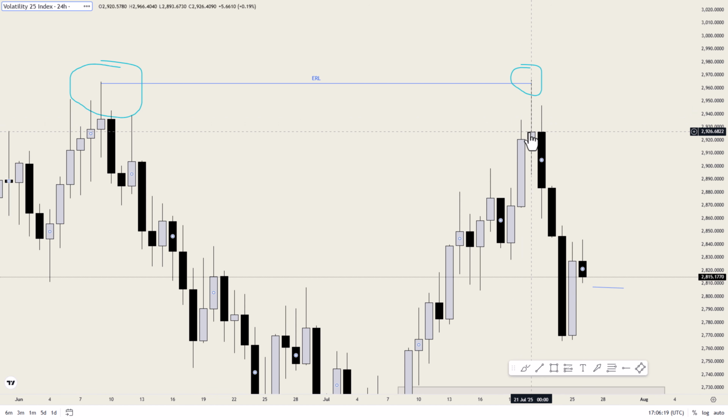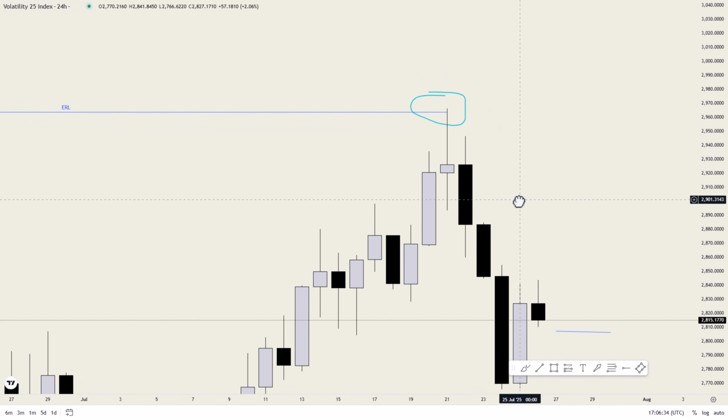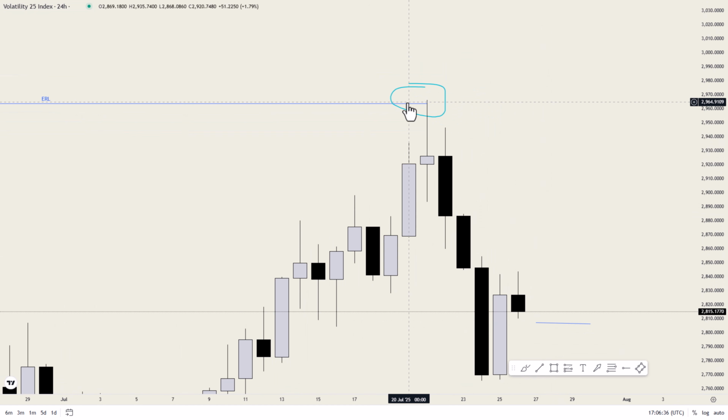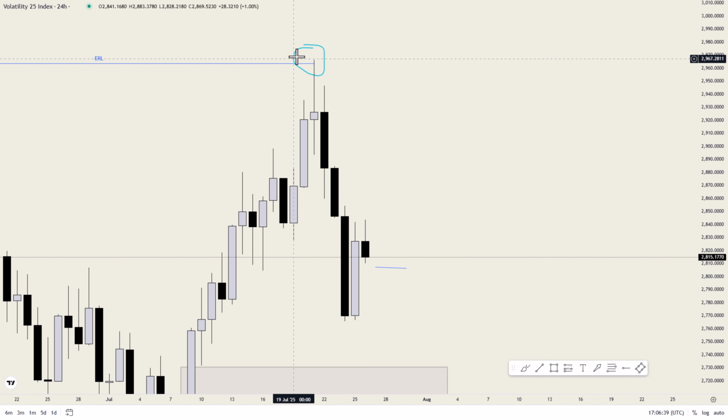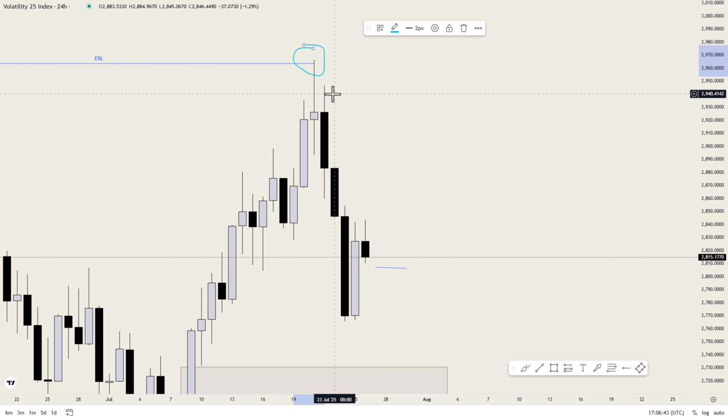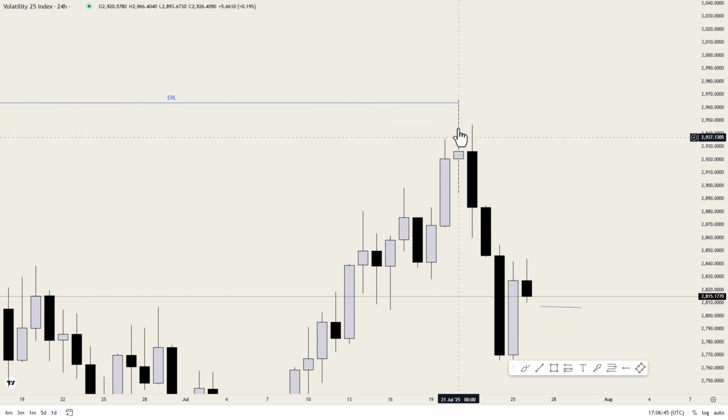Now this tells us that something is about to happen. I have a video on my channel that explains how to use swing points to know if price is going to reverse or continue. Now we have this particular level here. We see price has swept liquidity above this high, and since price closed inside the range, we can see that the previous daily candle also closed inside the range of the previous daily candle.